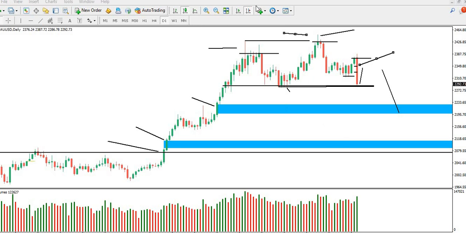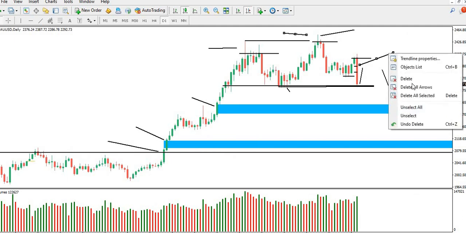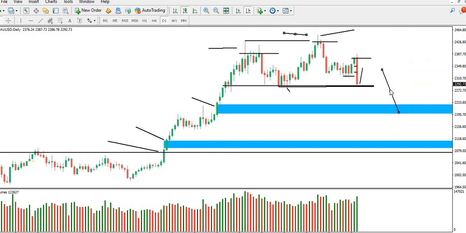So guys, beware of this pattern. It can start a very bearish trend in the market, and the NFP data has helped this pattern to complete. We saw the data was very positive, which is a bearish sign for gold.